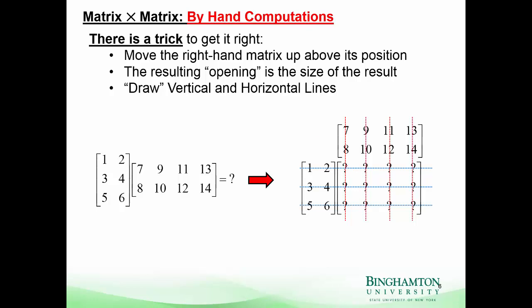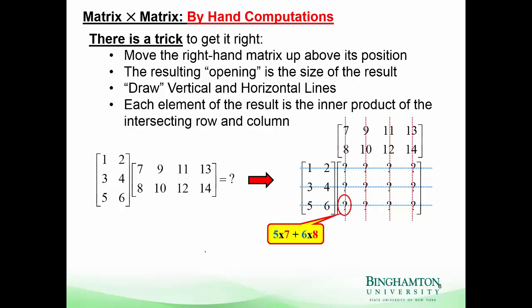So for example, for this first element here, the numbers that will come into play will be the 7 and 8 on the red line, the vertical line above it, and the 1 and the 2 on the horizontal line that goes through that. So that just is a very simple way to see what numbers come into play.